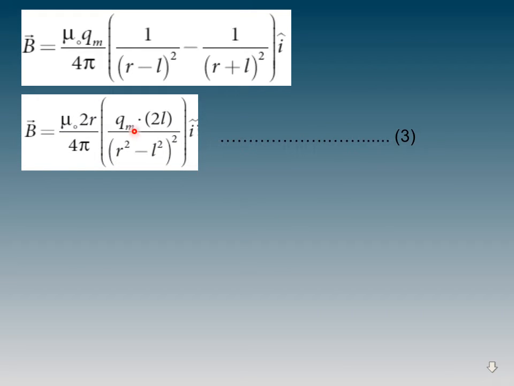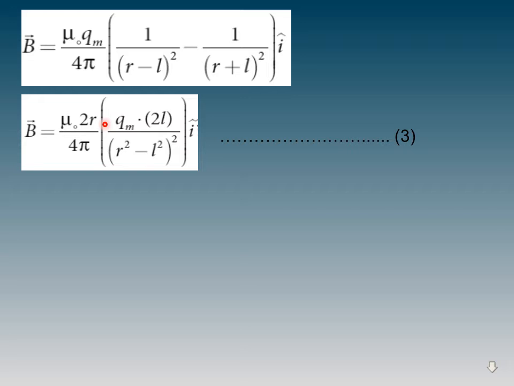B vector. We take mu naught into Qm by 4 pi as common, so 1 by (r minus l) the whole square minus 1 by (r plus l) the whole square into i cap, and if you take the LCM, you get 4rl divided by (r square minus l square) the whole square.